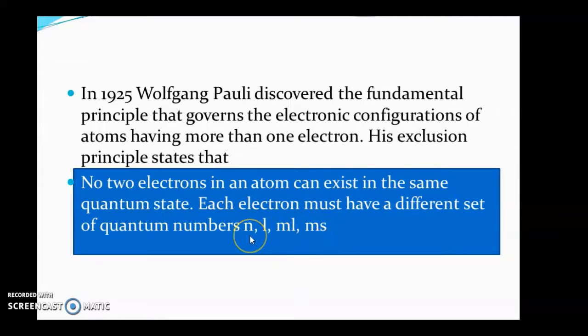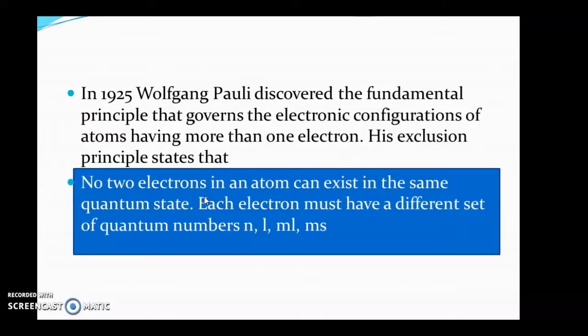So that combination must be different. If n, l, ml are the same, then ms must change. So no two electrons in an atom can have all the 4 quantum numbers the same. According to Pauli's exclusion principle, no 2 electrons in an atom can exist in the same state.